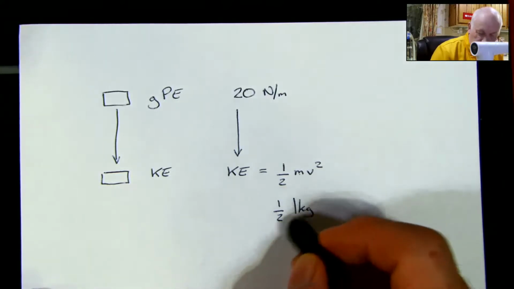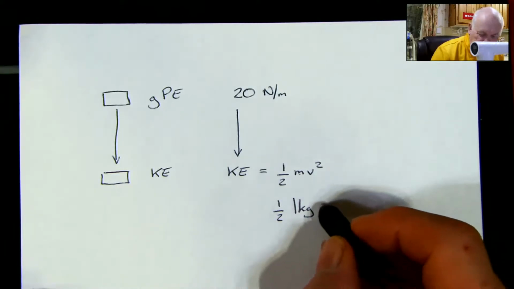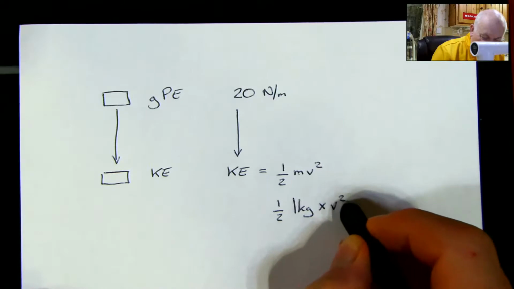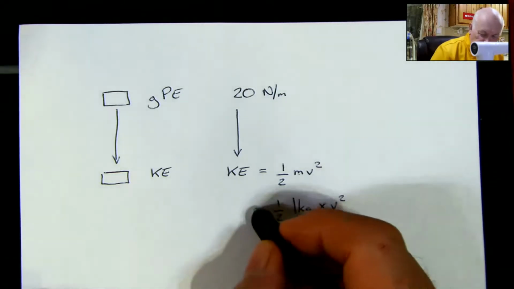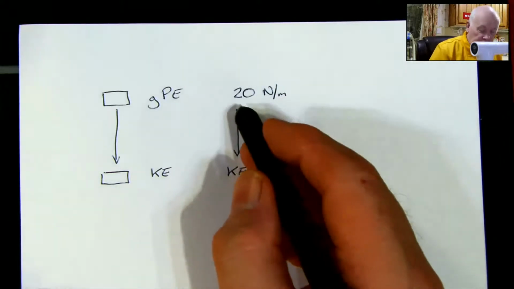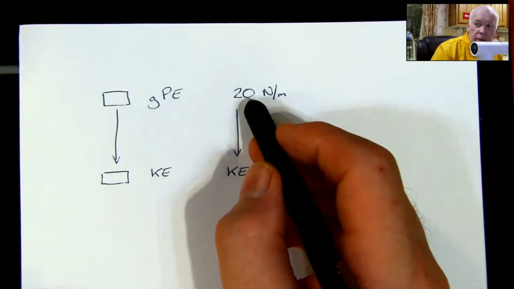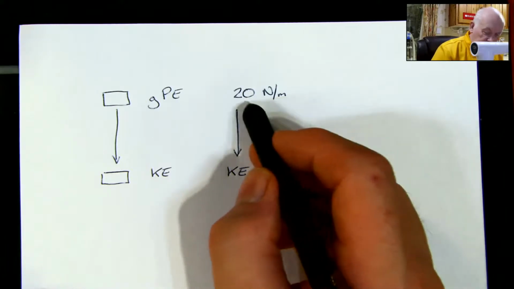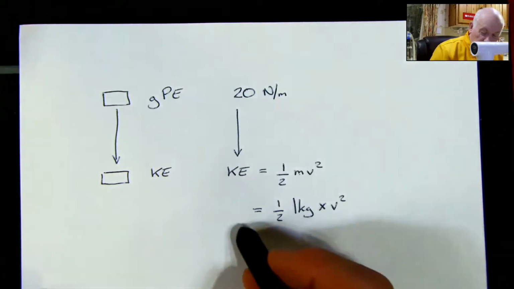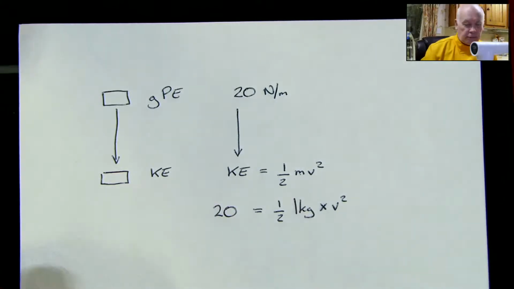We've got that times a half, times my velocity squared, and that is going to equal the same amount of energy as we started with, because energy can't be created or destroyed. So if I've got 20 Newton meters worth of energy at the start, I'm going to have 20 Newton meters of energy at the end.